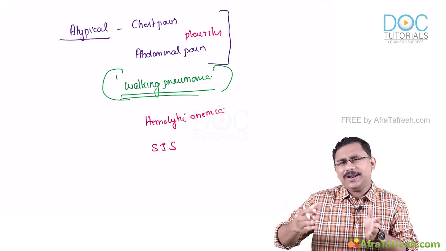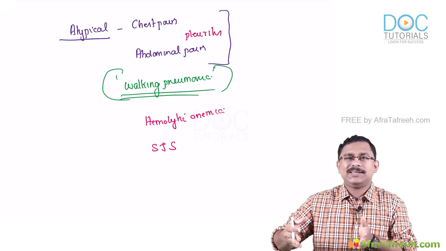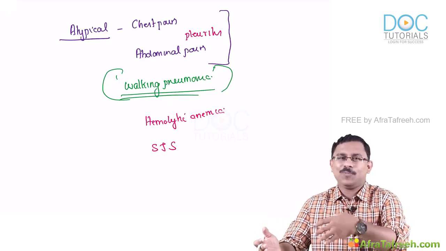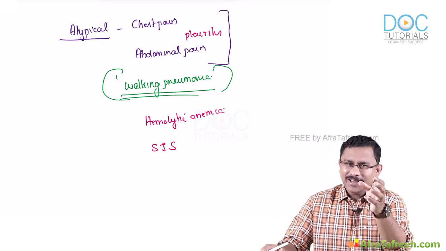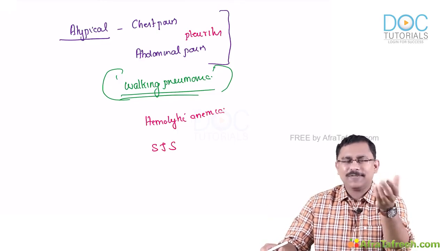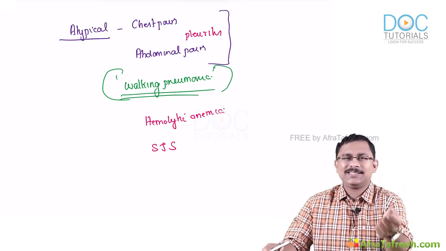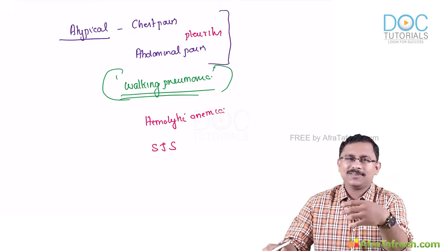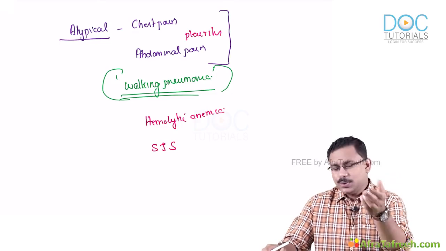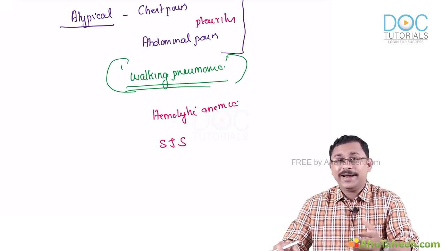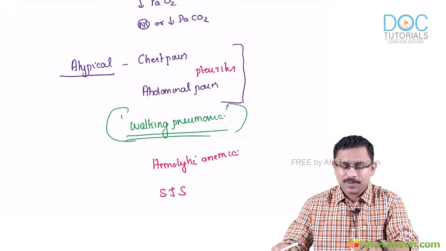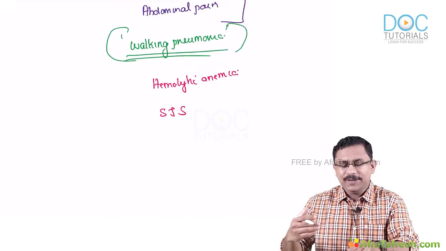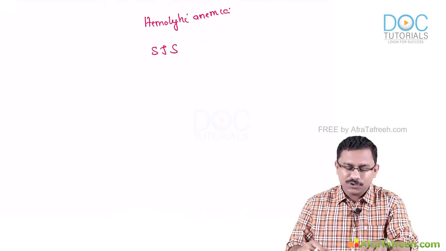So atypical or extrapulmonary manifestations are more for mycoplasma pneumonia. So if you have a question on pneumonia with lots of extrapulmonary manifestations where the Hb has dropped, there is some hemolysis, in such scenarios you can think of mycoplasma as a possible etiology. So you can have the classical features and the atypical features also.